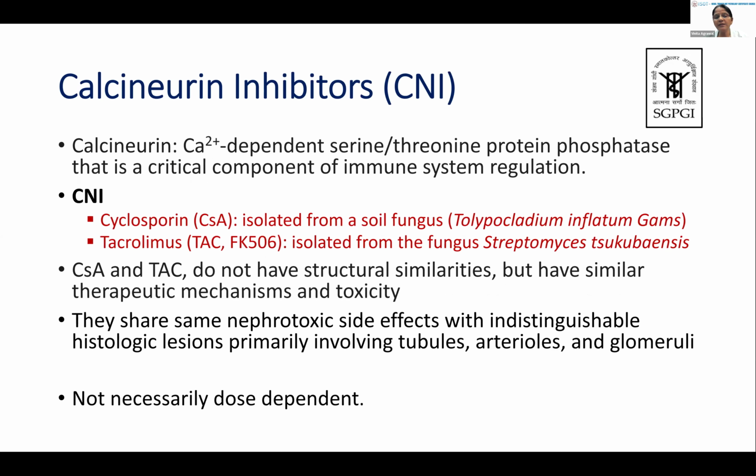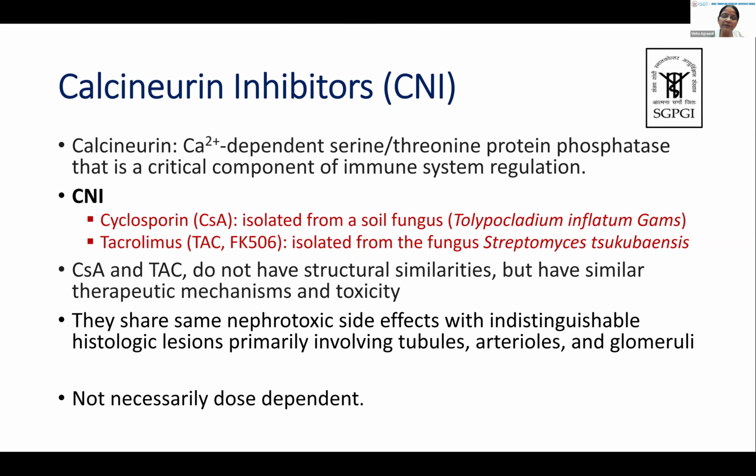So how do these calcineurin inhibitors act? Basically, calcineurin is a calcium-dependent serine threonine protein phosphatase that is important for the immune system regulation. These calcineurin inhibitors, that is cyclosporine and tacrolimus, which are both isolated from a fungus, do not have structure similarities, but have similar therapeutic mechanisms and toxicity, about which I'll talk a little later.